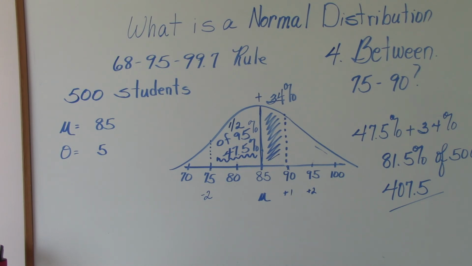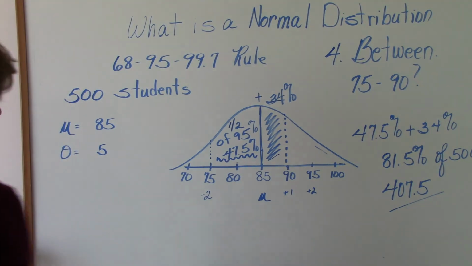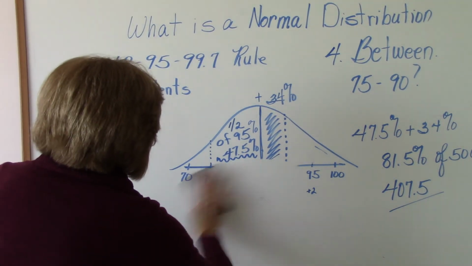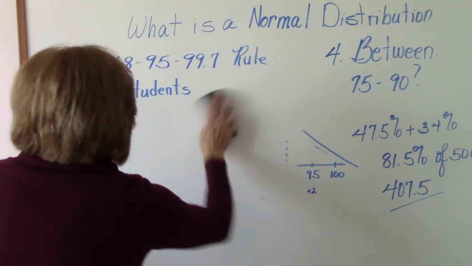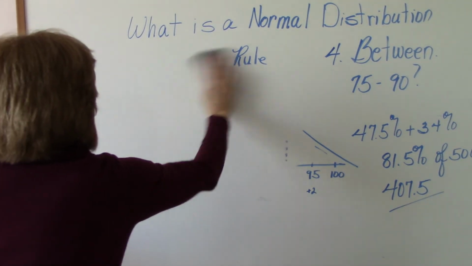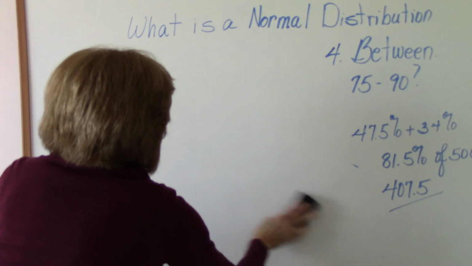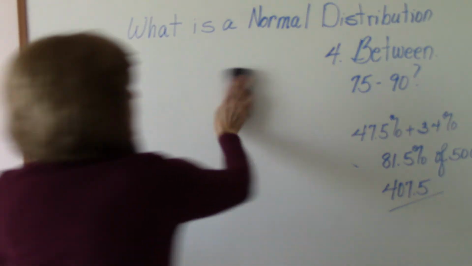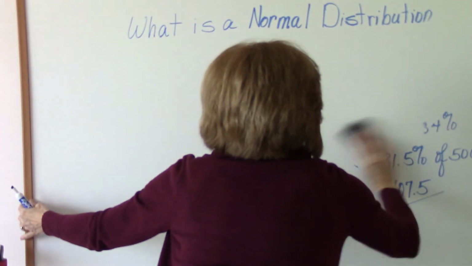So to get a little more exact from the normal distribution, we use something referred to as a z-score. Excuse me again, I'm going to walk in front of the camera. I'm going to clear this off, and we're going to talk about a z-score for a few minutes.